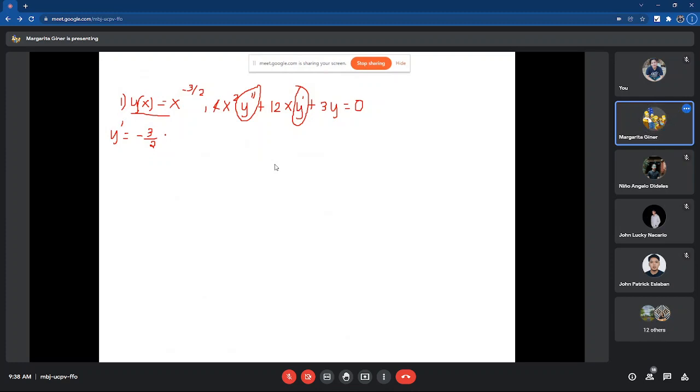And then you have x to the minus 3 halves minus 1. That is the power rule. This is the first derivative. So this will become negative 3 halves x, and negative 3 halves minus 1 is? Negative 5 over 2.